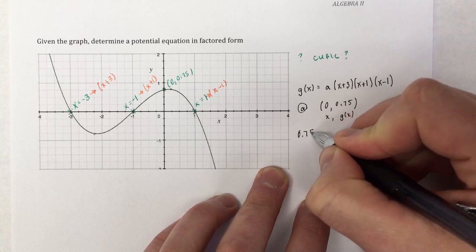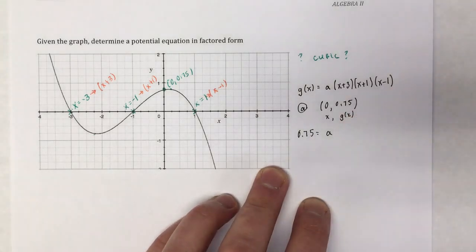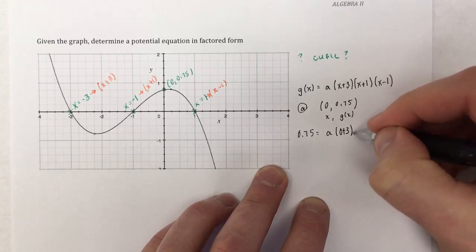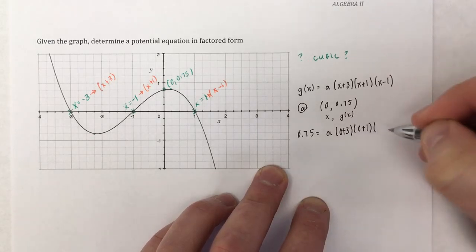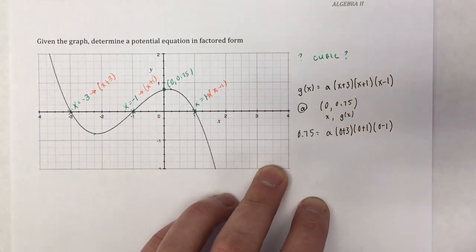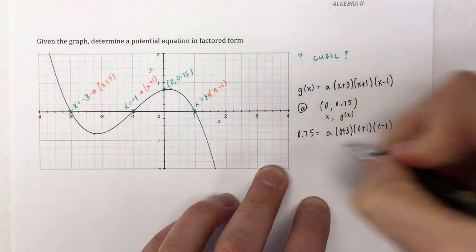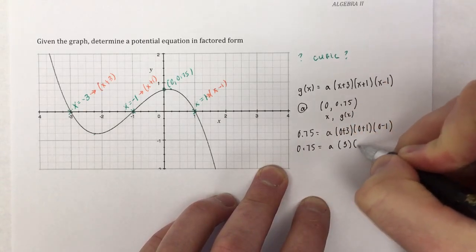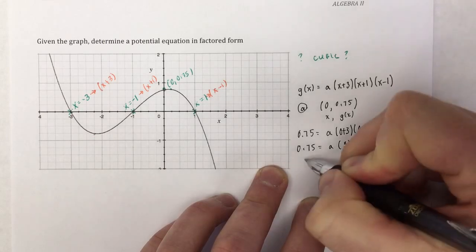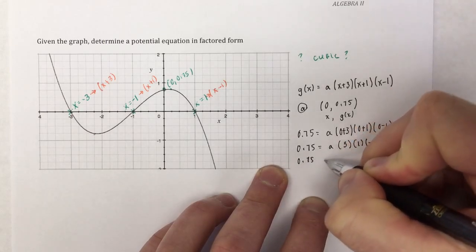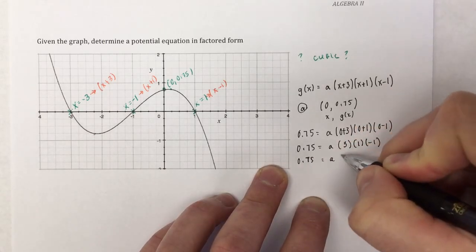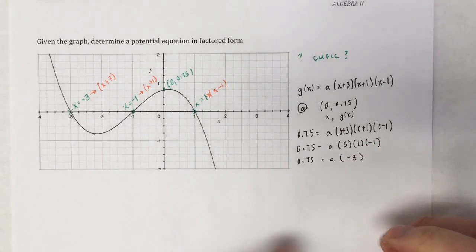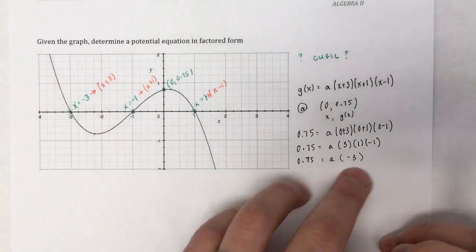So 75 hundredths equals a, which I'm trying to determine, times 0 plus 3, 0 plus 1, and 0 minus 1. Simplify. A times 3 times 1 times negative 1, 75 hundredths equals a times negative 3. At this point, you can divide 75 hundredths by 3.